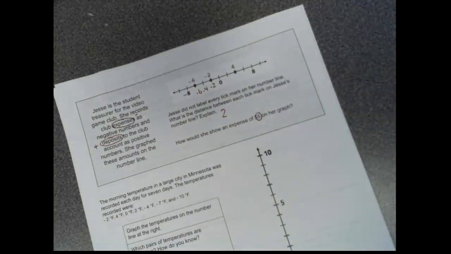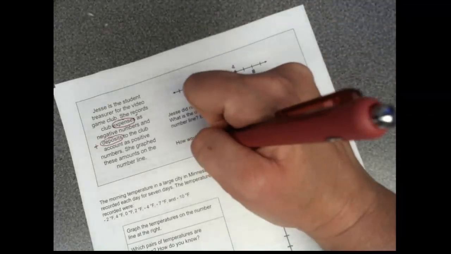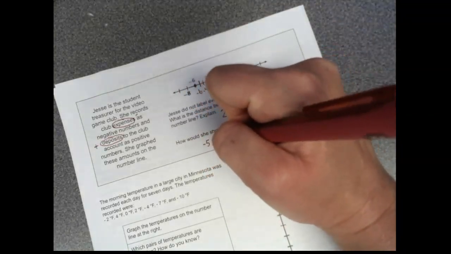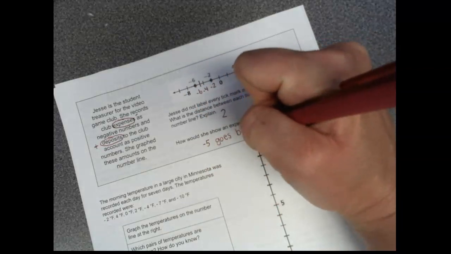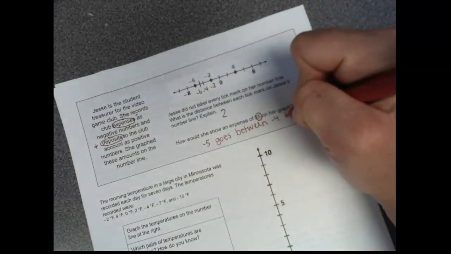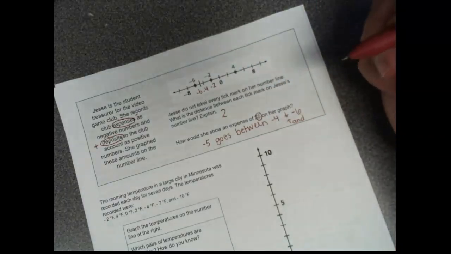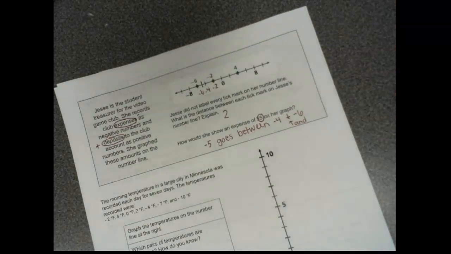But there's not a -5 on the number line. So what we have to do is put it halfway between -4 and -6. So -5 goes between -4 and -6. This isn't an ampersand sign. It's just a quick way to do it when you're writing notes. If you want to do it, that's fine like that, or you can just write out the word and.